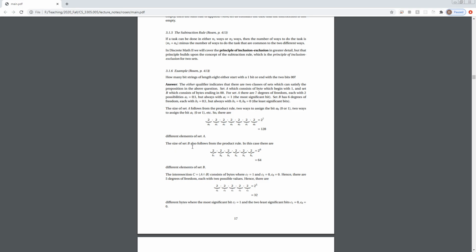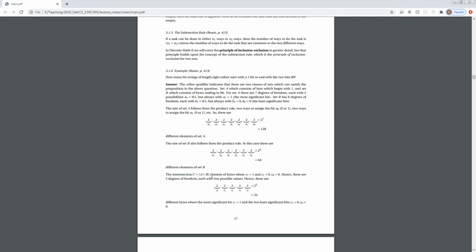Set B, the one that ends in 2 zeros, has 6 degrees of freedom. The 6 most significant bits can all be 0 or 1, so long as those last 2 bits are 0 and it's still satisfied. So there's 2 to the 6, or 64, of the possible 256 binary representations of an 8-bit string that satisfy that second condition.